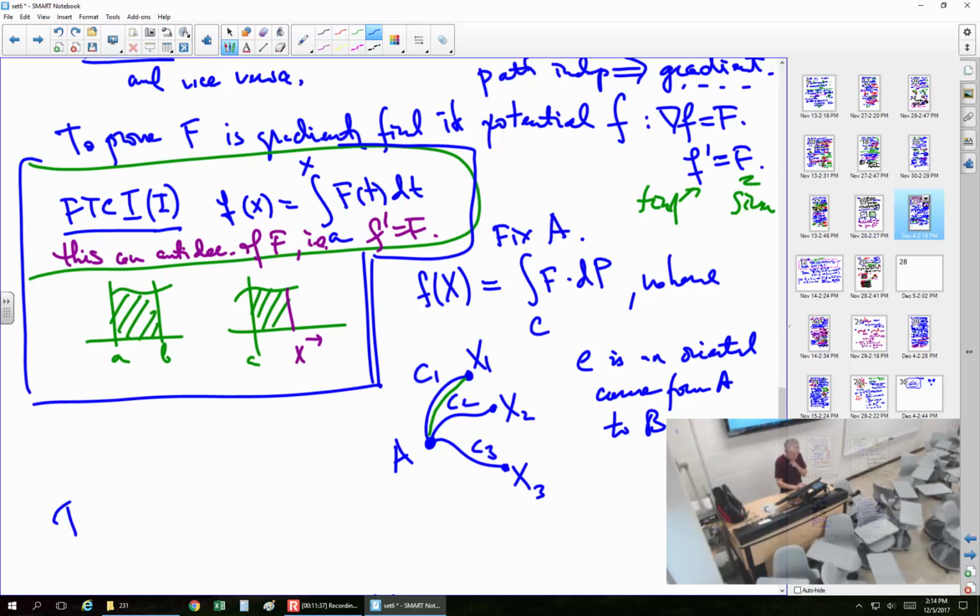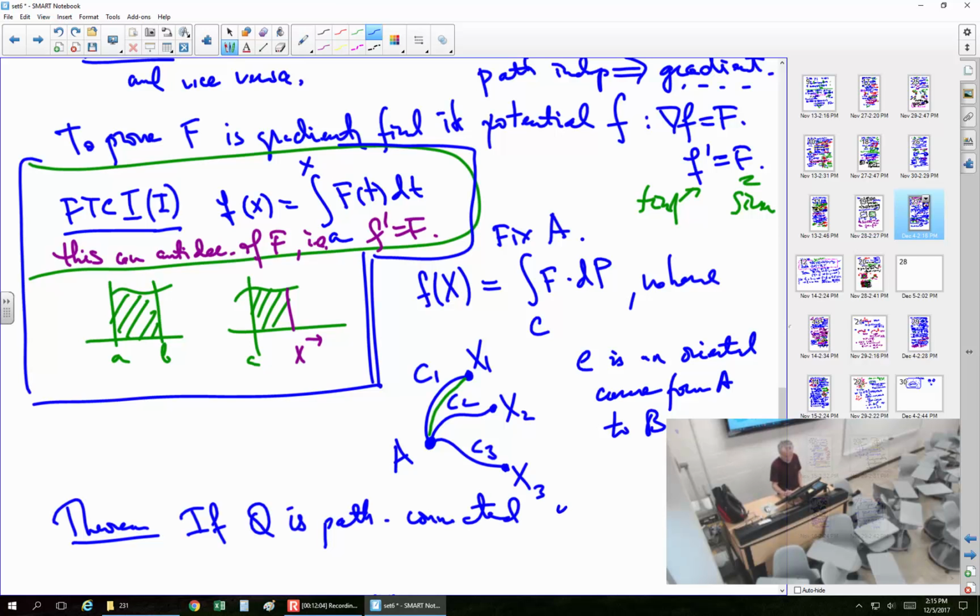I'm implicitly assuming that I can get from point A to any other point within my domain, which might not be the case unless we require that domain to be path connected.